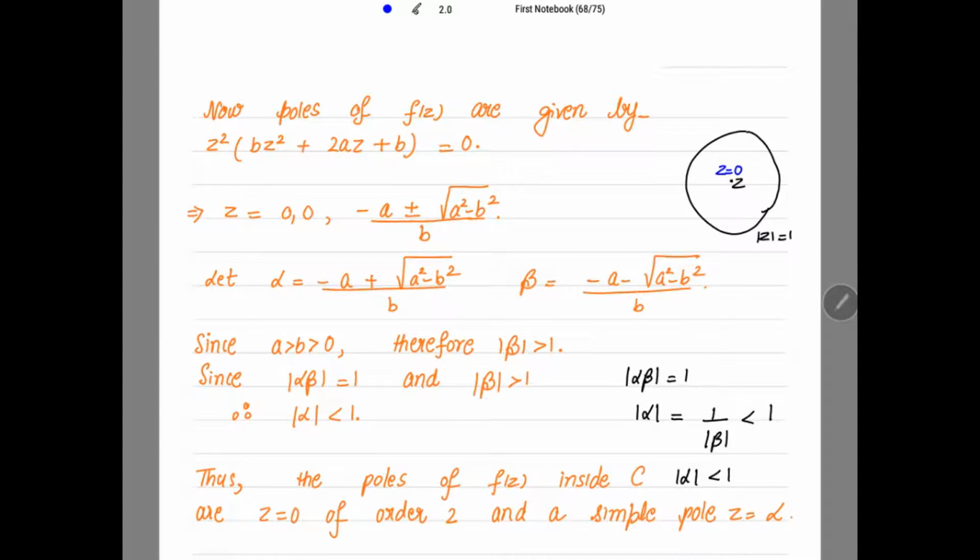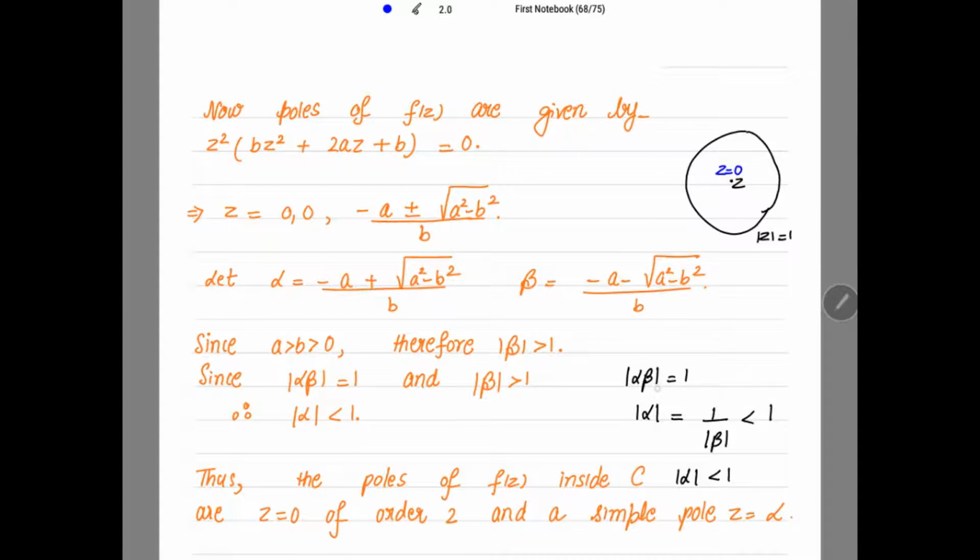And if you take their product, alpha beta, and take their mod, then that will be equal to 1. You can apply the formula a plus b and a minus b, their product is equal to a square minus b square. So from there you get the product alpha beta equal to 1, right?